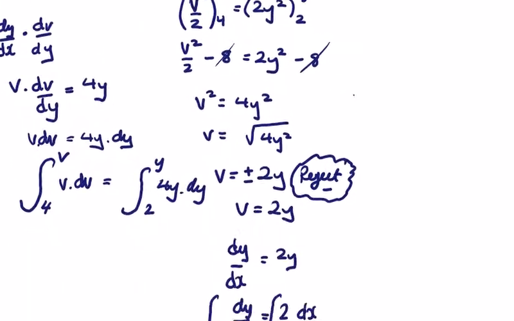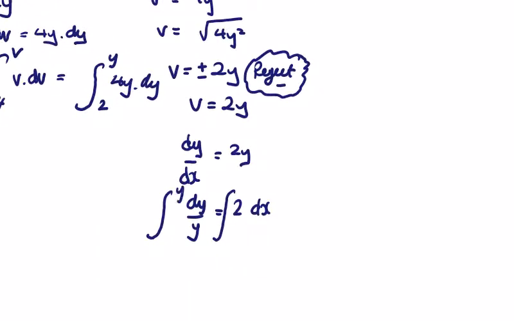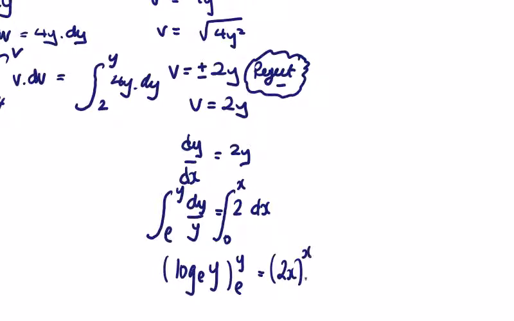We're told y is equal to e when x is equal to 0. So we're going to get the log of y to the base e if we integrate the left hand side, between y and e, equal to 2x between x and 0.